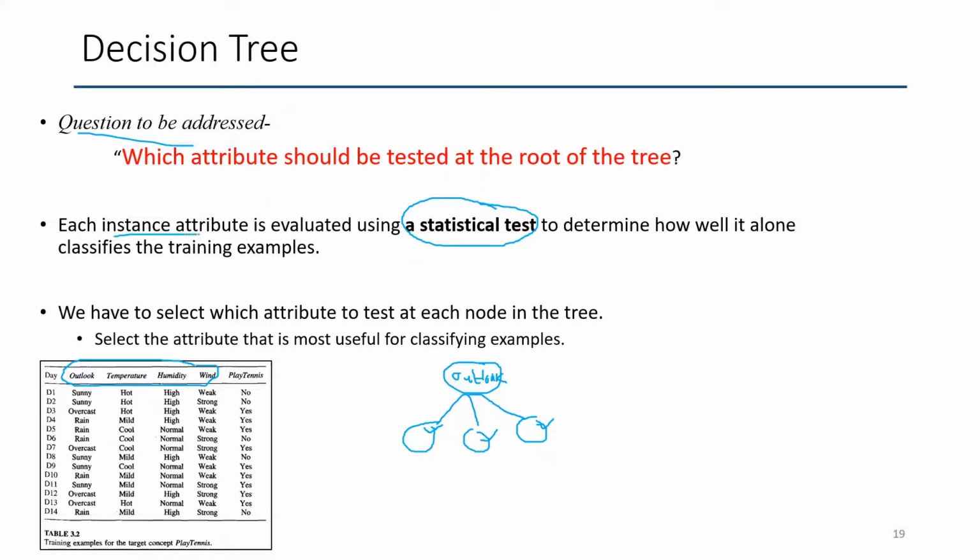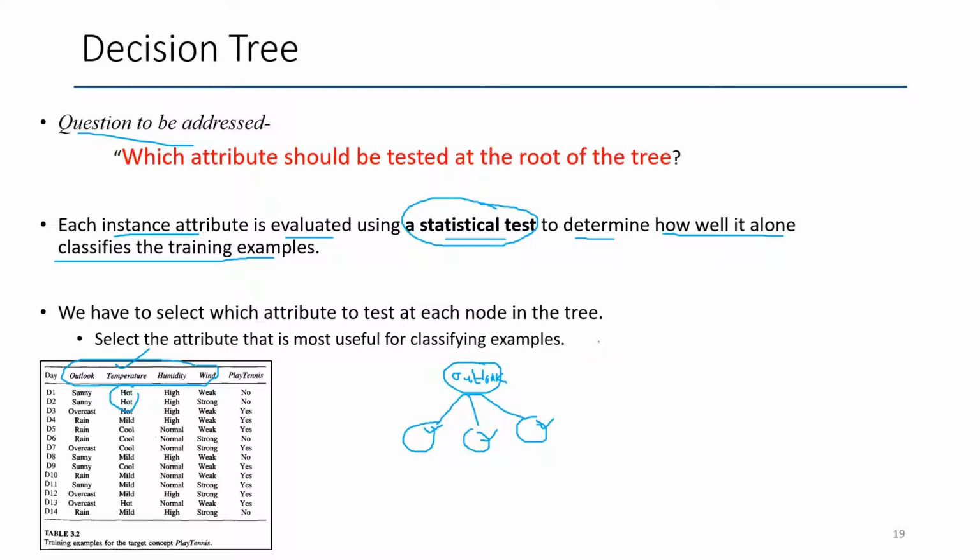Each instance attribute is evaluated using a statistical test to determine how well it alone classifies the training examples. Now consider one example. Consider temperature is very important in determining whether to play tennis or not. We decide that if the temperature is hot, then we will not play tennis.